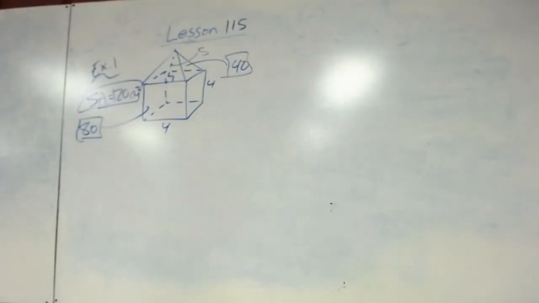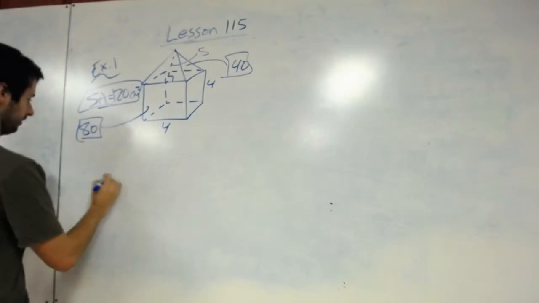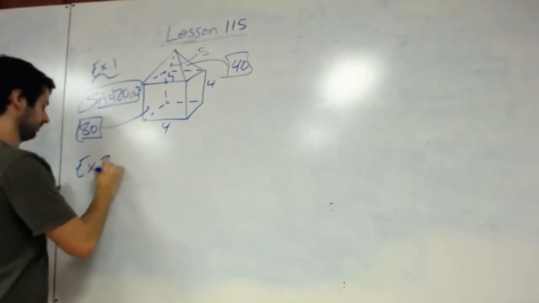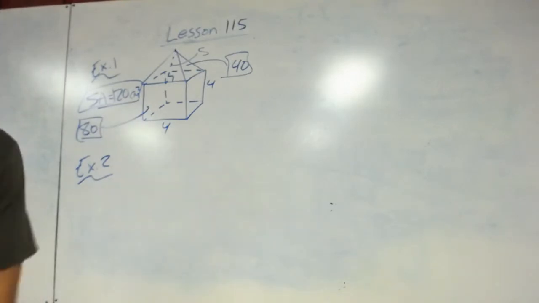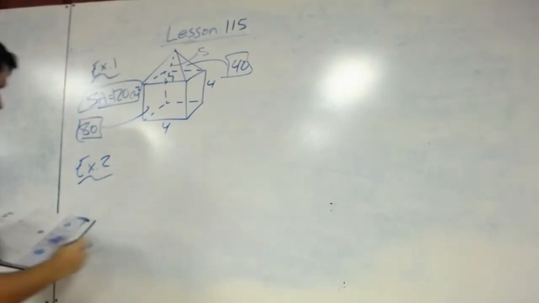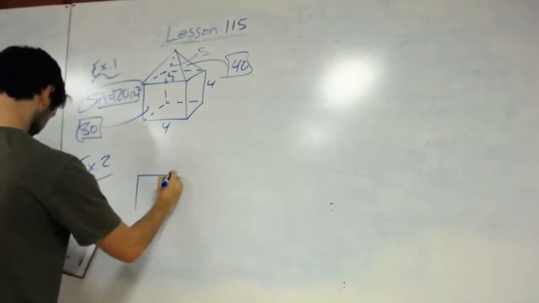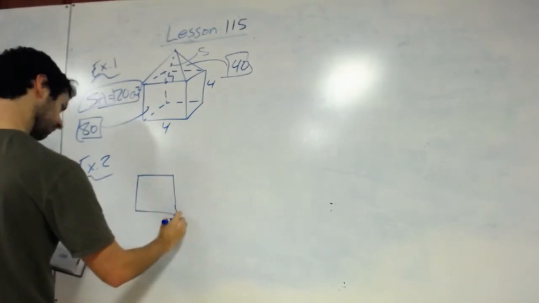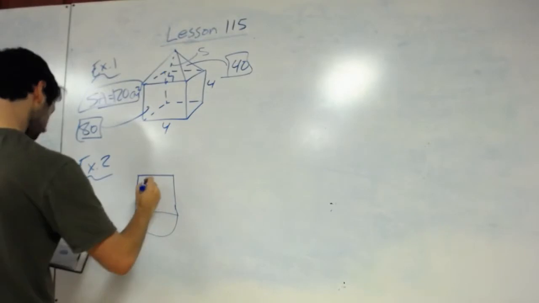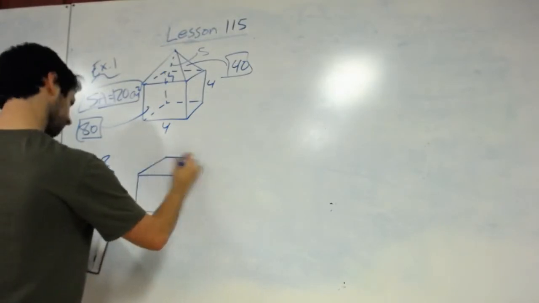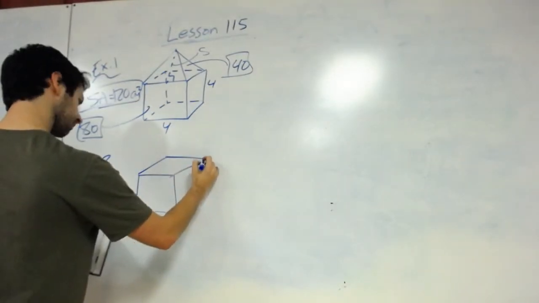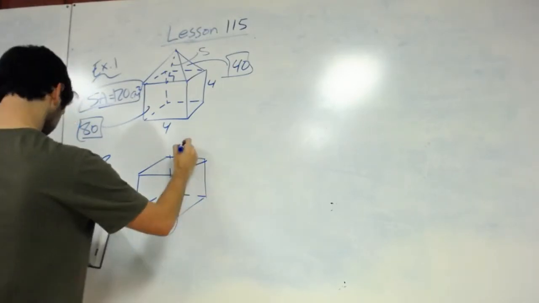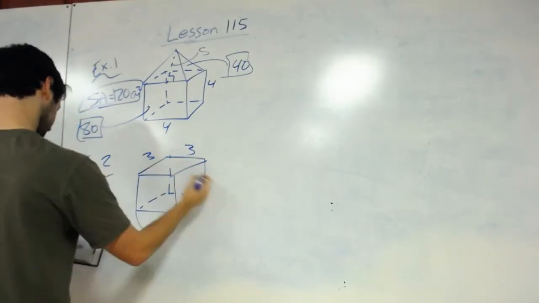Now let's look at volume. In example 2, I'll try to draw this shape as best as possible. And it gives 3 for all the side lengths.